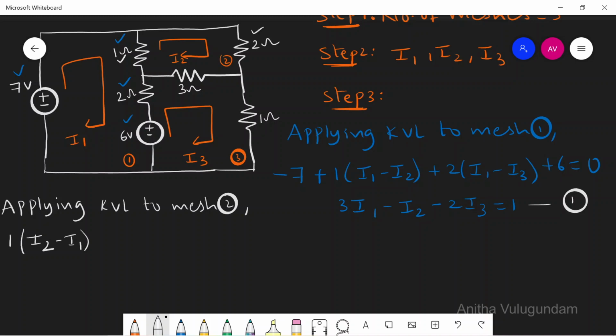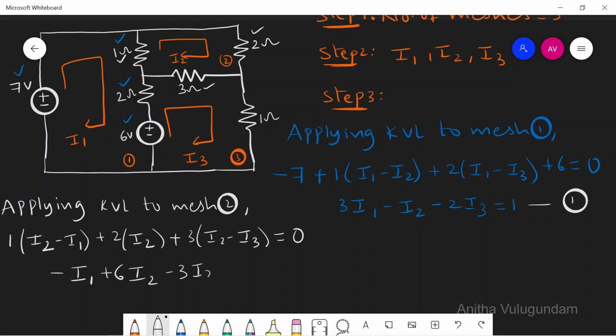Next 2 ohm resistor, plus 2 into I2, plus 3 ohm resistor, plus 3 into I2 minus I3 equal to 0. By rewriting this equation, minus I1 plus 6I2 minus 3I3 equal to 0. Let it be equation number 2.